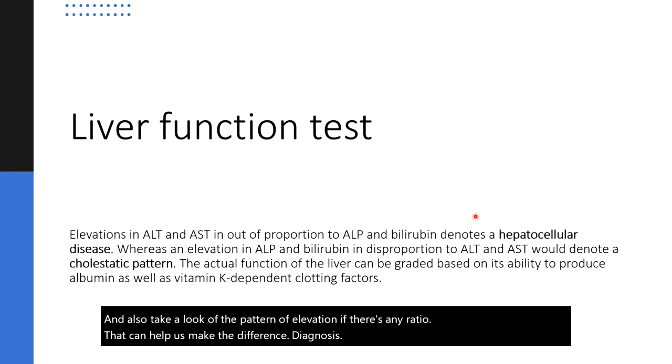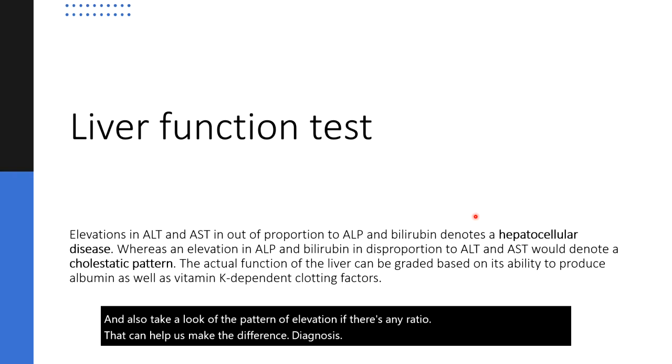So when we see elevation of ALT and AST out of proportion with respect to ALP and bilirubin, that will denote a hepatocellular disease. Whereas an elevation of ALP and bilirubin out of proportion to ALT and AST will denote a cholestatic pattern.